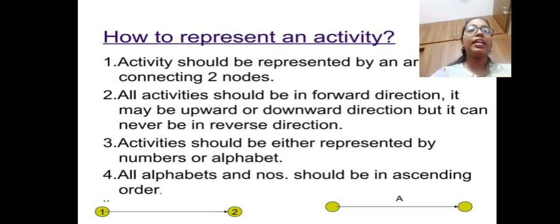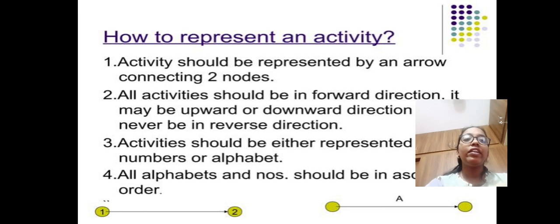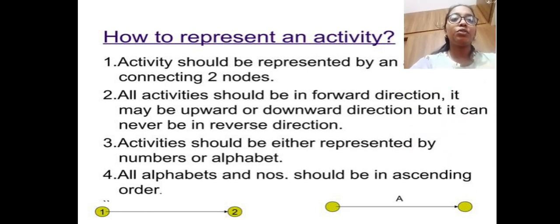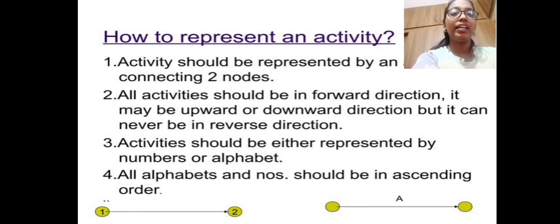How to represent an activity. An activity should be represented by an arrow connecting two nodes like this. All activities should be in forward direction. It may be in upward or downward direction, but it can never be in reverse direction.